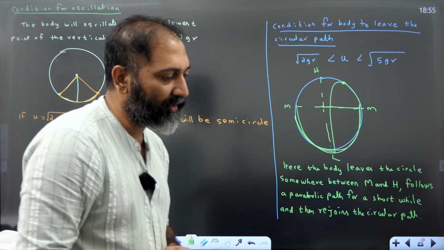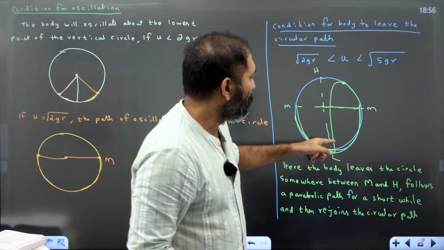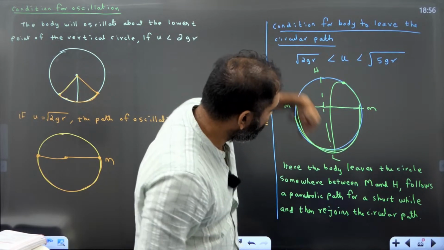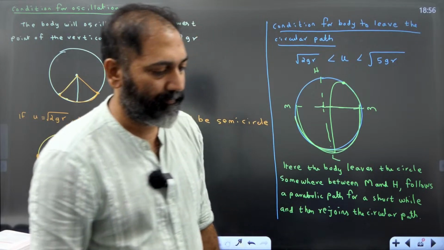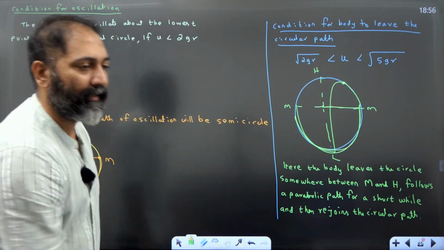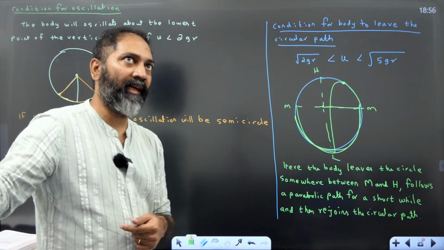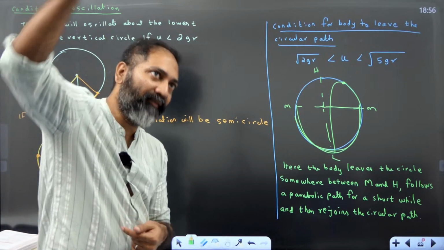How does the ball oscillate after the ball falls? The ball will fall inwards, and even after falling inwards, it will oscillate for some time. There will never be a sudden stop. When I am whirling like this, if my initial velocity is greater than root 2 gr, it crosses the midpoint, and if it is less than root 5 gr, it falls down.